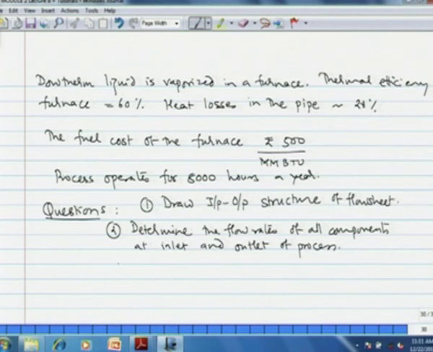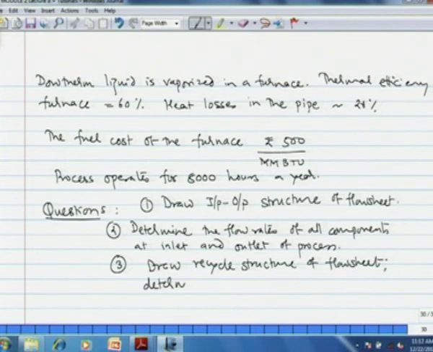Third is draw the recycle structure of the flow sheet, and determine the recycle material balance. Then the next is determine the annual cost of fuel for the furnace.